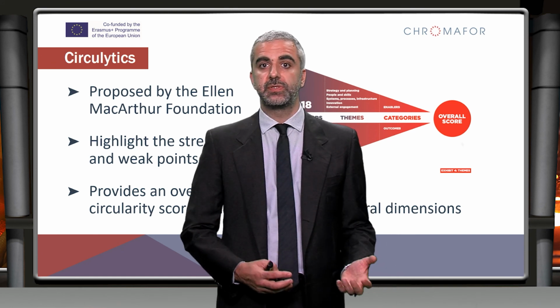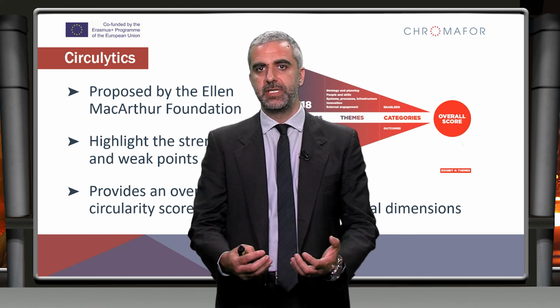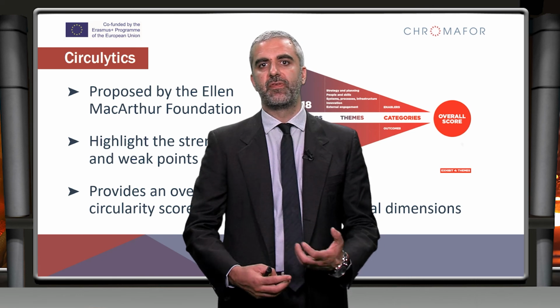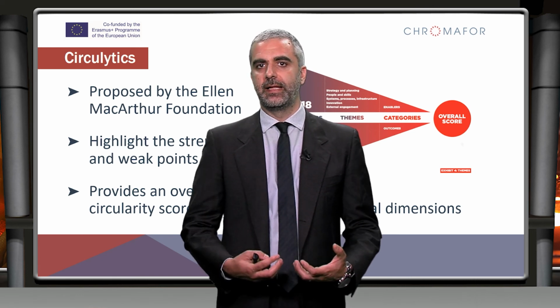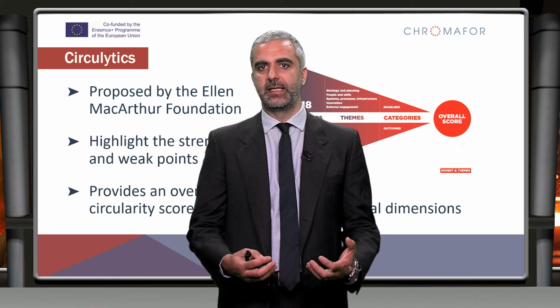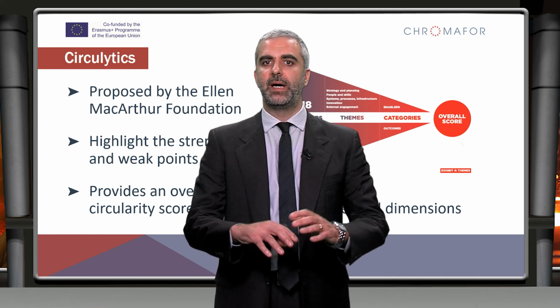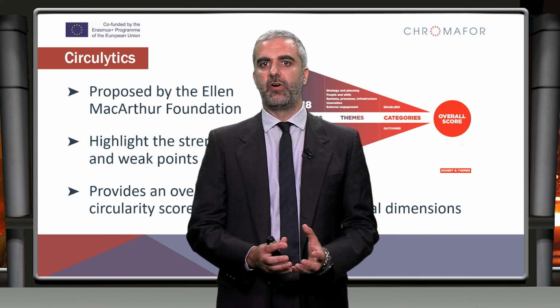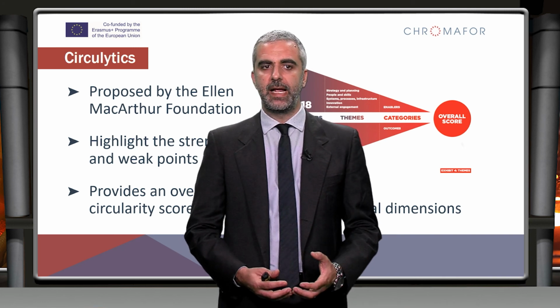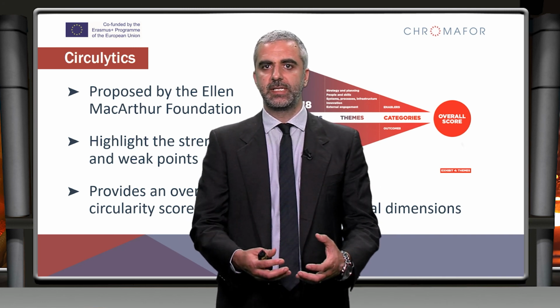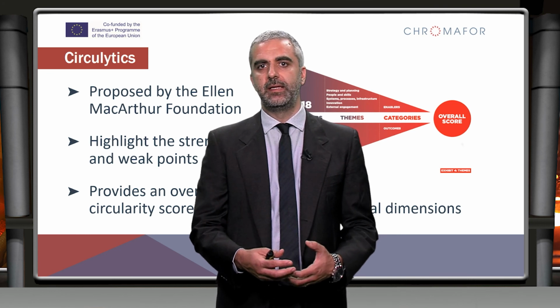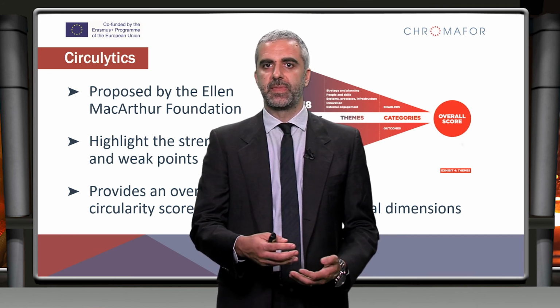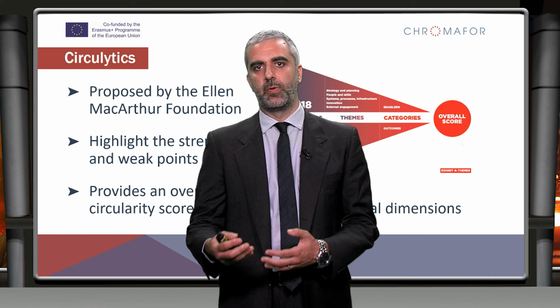It's an online tool, so the companies can just register, access the tool, perform the assessment, and get a result. The result is presented with a global score that provides a global level of circularity of a company, and then a scorecard. The scorecard is divided mainly in 2 sections that are enablers and outcomes.